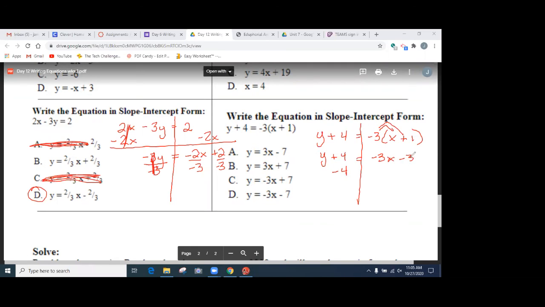Which are the same, apples to apples, which are the same. Very good. So that part right there might be a little bit more difficult. So that gives us y equals negative 3x. And then when I do negative 3 minus 4, that would give me negative 7. So which one has that answer? D. All right, make sure your name's on these.